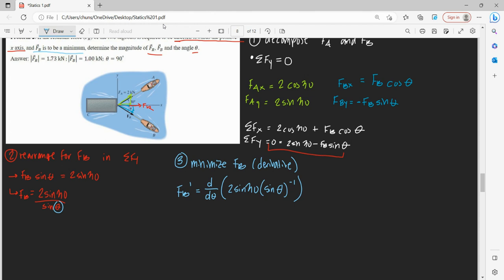This is just a constant, so I'm going to kick that out. So that gives 2 sine 30 on the outside. And when we derive this, this is chain rule, so this comes to the front, so that's negative 1. What's inside stays the same, reduce the exponent by 1, and then multiply it by the derivative of what is inside the brackets.